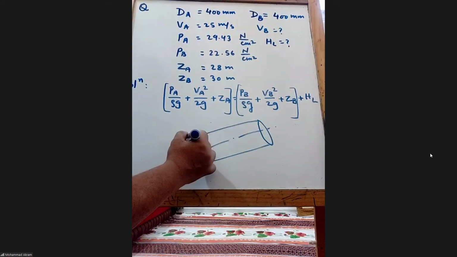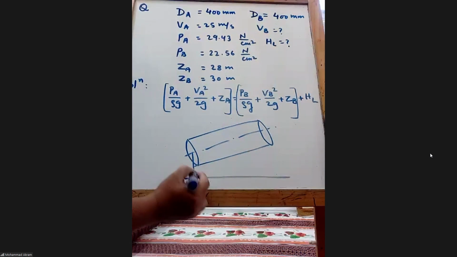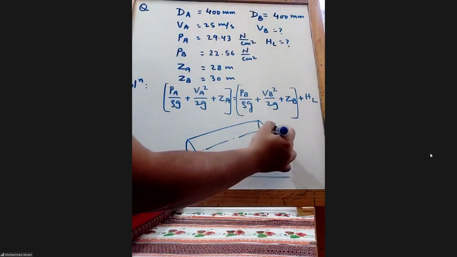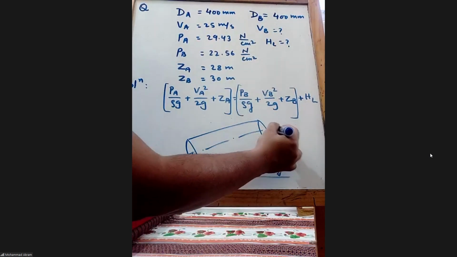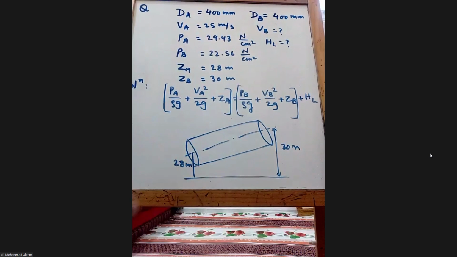Because the diameter is the same, right? Yes. And from the reference, this point is 28 meters and this point is 30 meters. This is just a representation. The diameter is the same, so the velocity will be the same.